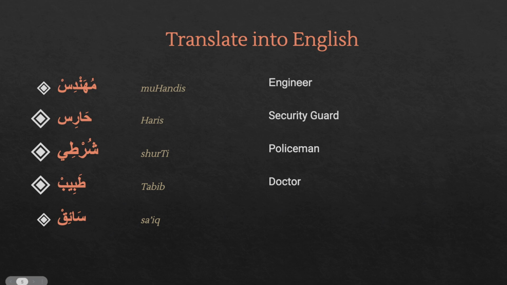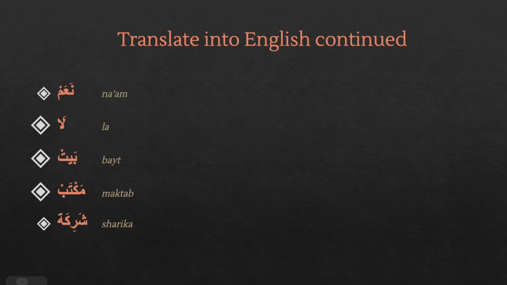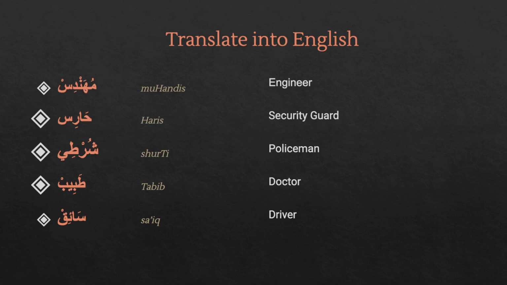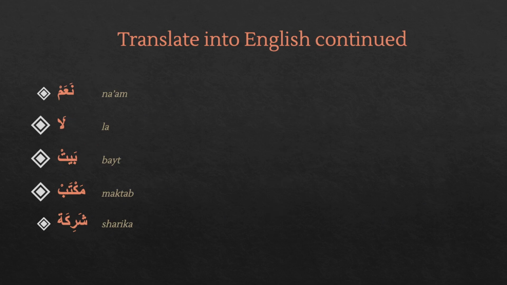Sa'iq means driver. There you go, a driver. All right, next slide, the same thing. Let's translate into English. Na'am, what do you think na'am means in English? It means yes. La means no, okay.